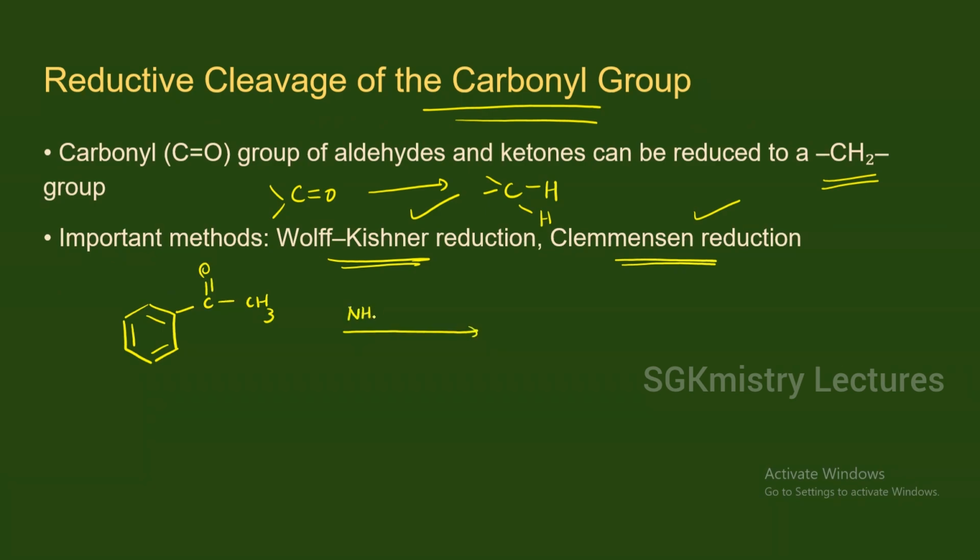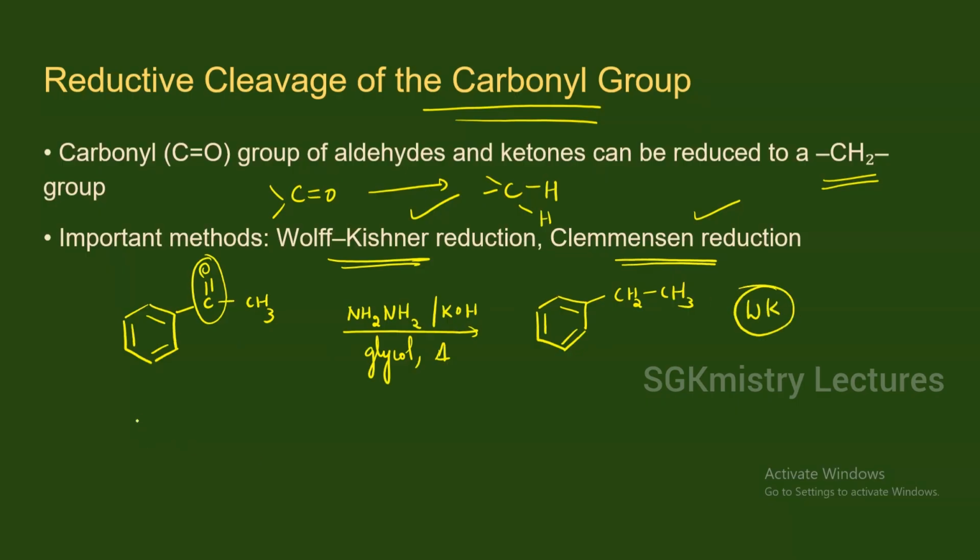For Wolff-Kishner reduction, I'm going to take NH2NH2 in the presence of KOH, glycol, heat. So the C double bond O group will be converted to CH2 group and we get CH3. This is Wolff-Kishner reduction. Next, cyclobutane ring, CHO group.